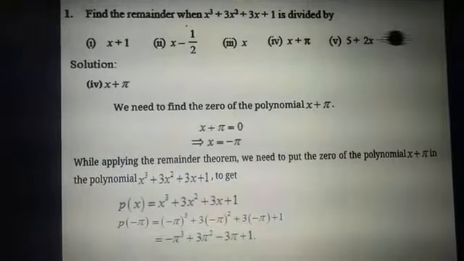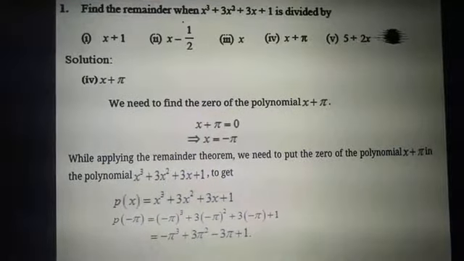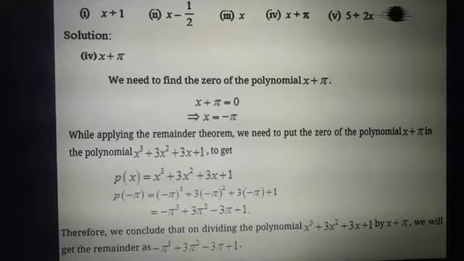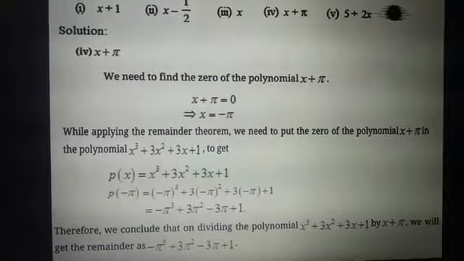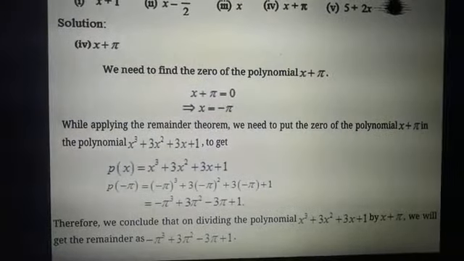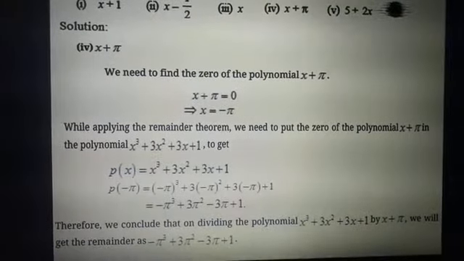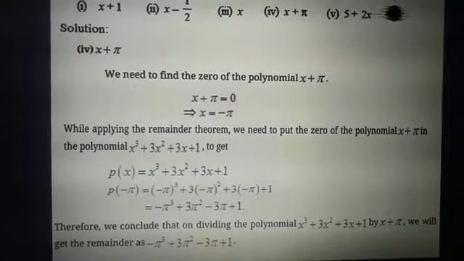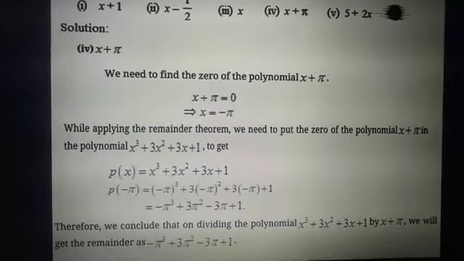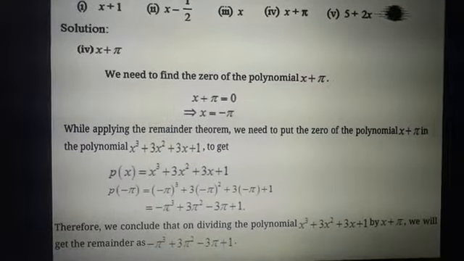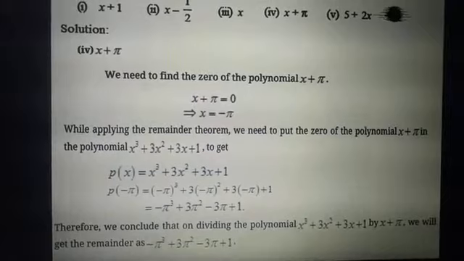Because we don't have any like terms. Therefore, we conclude that on dividing the polynomial x cube plus 3x squared plus 3x plus 1 by x plus pi, we will get the remainder as minus pi cube plus 3 pi squared minus 3 pi plus 1.